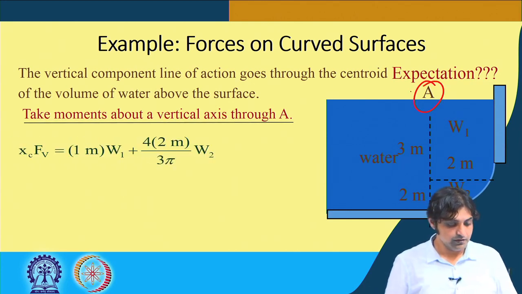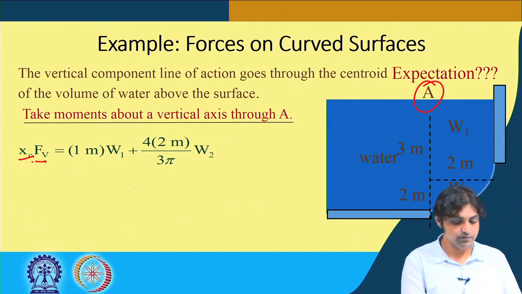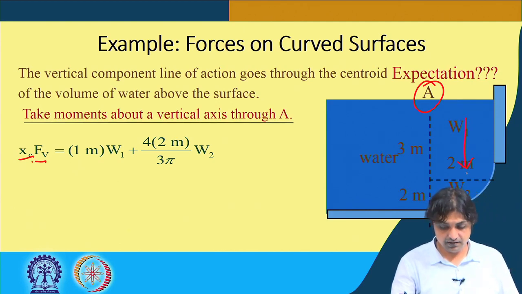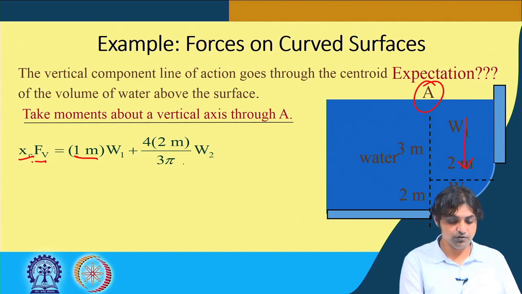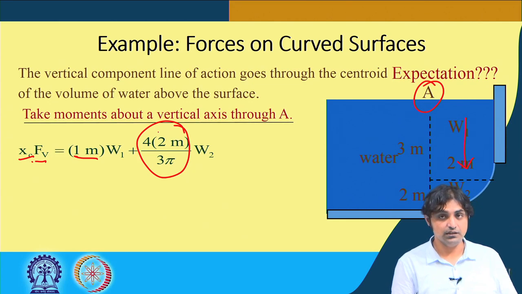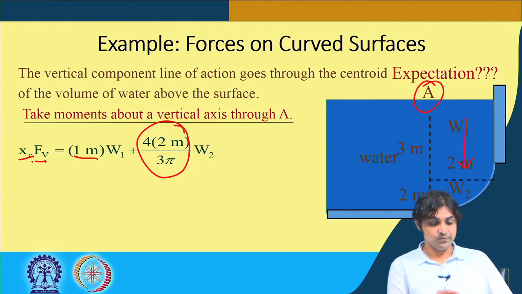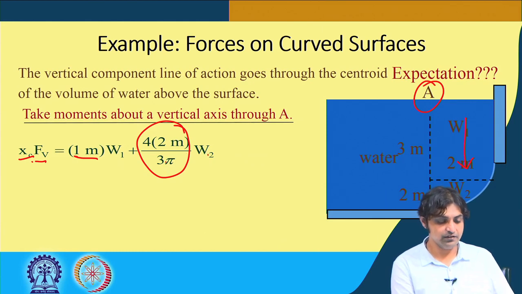So if we want to find out the line of action, that is XC, XC into FV will be equal to, the weight is acting, okay, 1 meter from there, W1. However, W2, if you remember, I told you to remember this equation, 4r by 3 pi, in the lecture, that we are going to use, and actually we are using this. This is 4 into 2 by 3 pi.